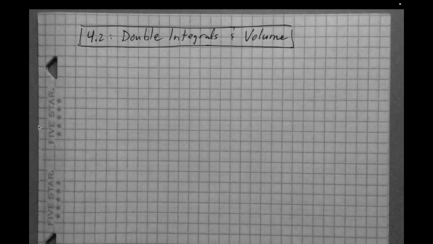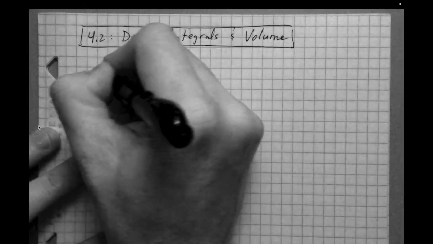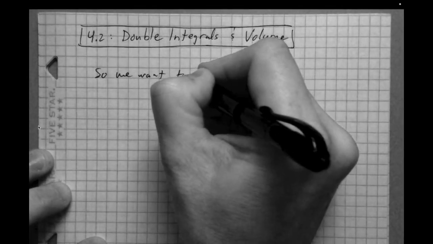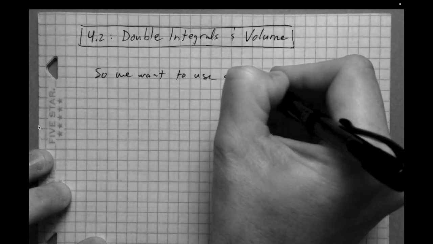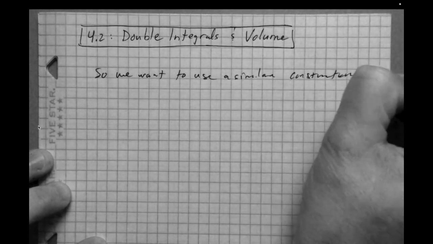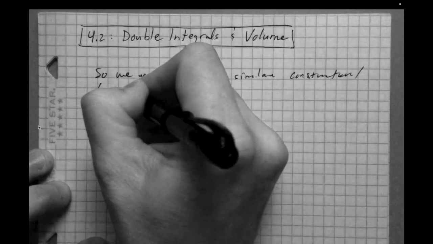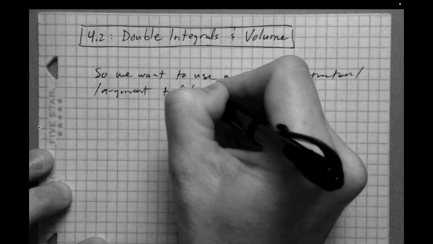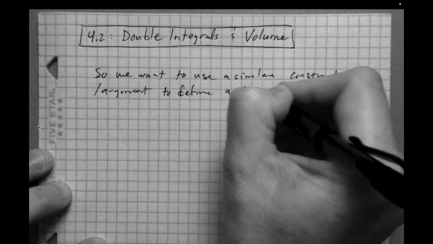Hopefully a lot of this argument will be, not exactly the same, but similar to what we saw in Calculus 2. So we want to use a similar construction and argument to define a double integral.